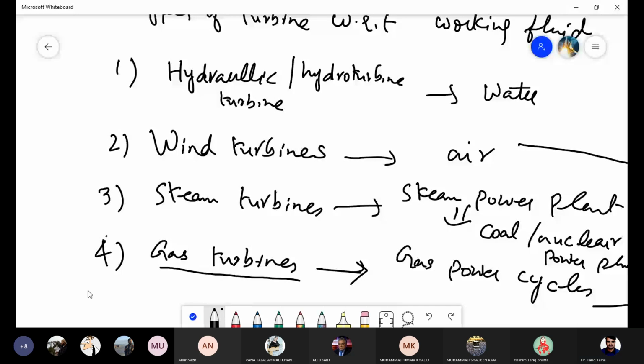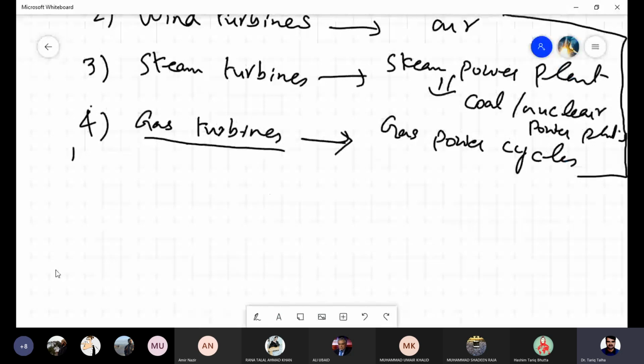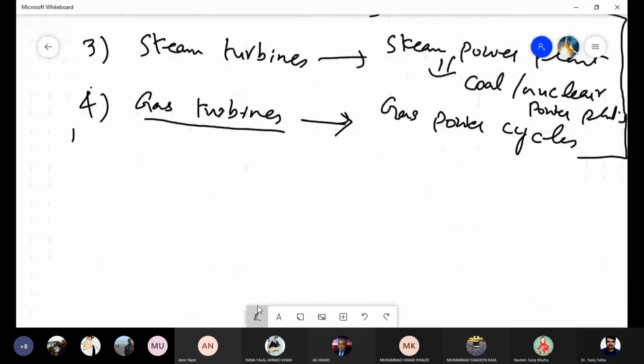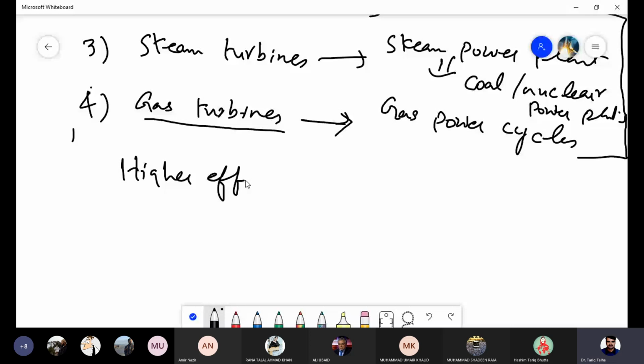So usually these hydro turbines, or in general the turbines, have higher efficiency in the range of maybe around 95% for the turbine, as compared to pump, which is basically from 85 to 90, or maybe 80 to 90%.